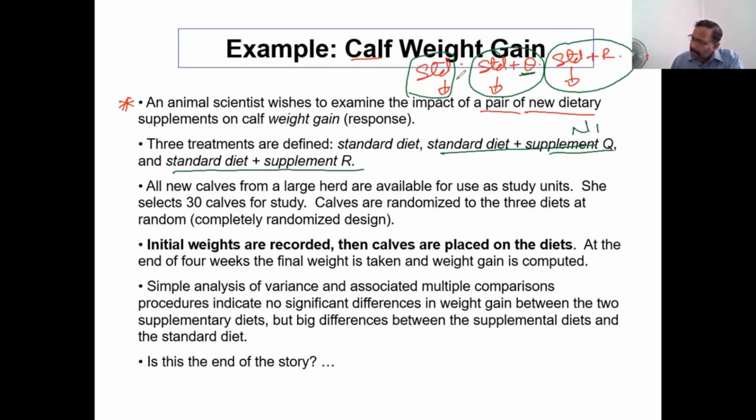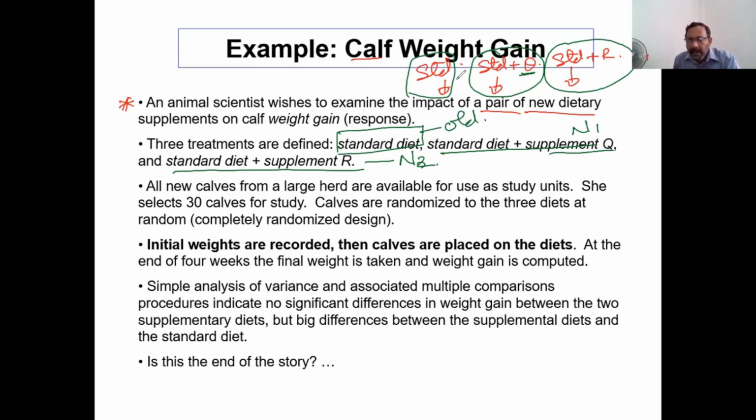The other one is standard diet with supplementary R. So this is new diet 2. So we have 2 new diets. The standard diet is the old one that we have. So altogether we have 3 diets. Is it clear? We are going to experiment with 3 diets.